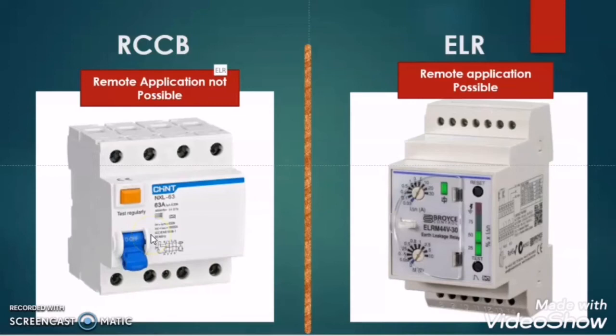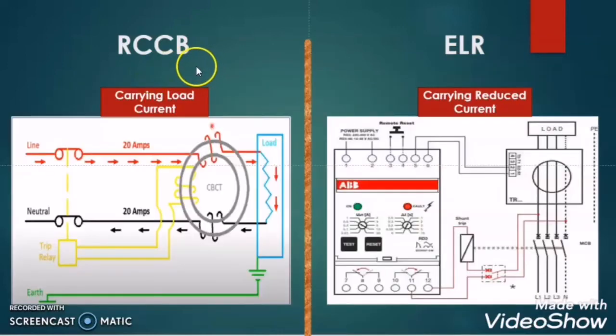But in case of ELR, there are terminals called Y1 and Y2, which give us the facility to turn the ELR on or off remotely. The next difference between RCCB and ELR is very important.